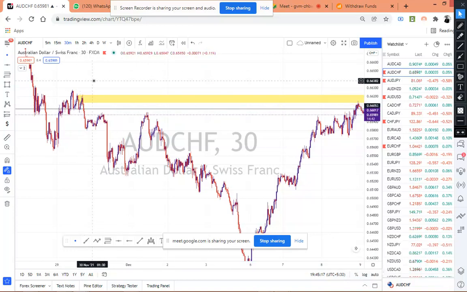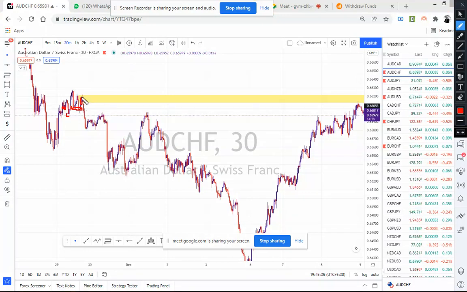You can see support 1, lower low, support 2, and support 3. This is our supply zone.